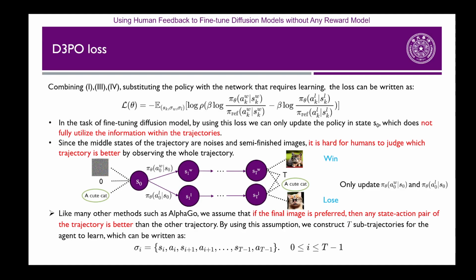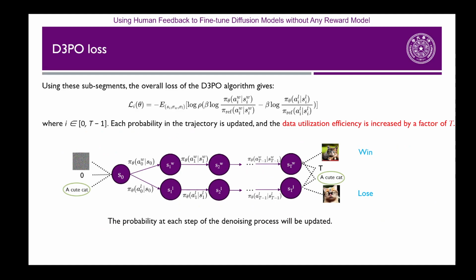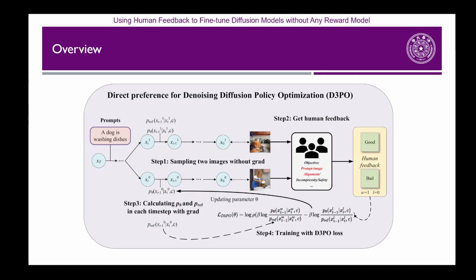Drawing inspiration from methods in papers such as AlphaGo, we believe that in the denoising process, each step is good for good images, and each step is bad for bad images. Therefore, we can construct T additional subsequences to update the parameters. By utilizing these additional T subsequences, the probability values at each step of the denoising process are updated, leading to a T-fold increase in sample utilization. Here is the overview of our method.